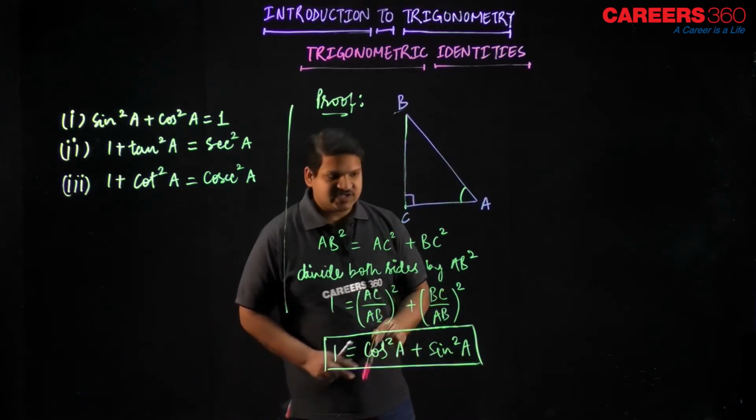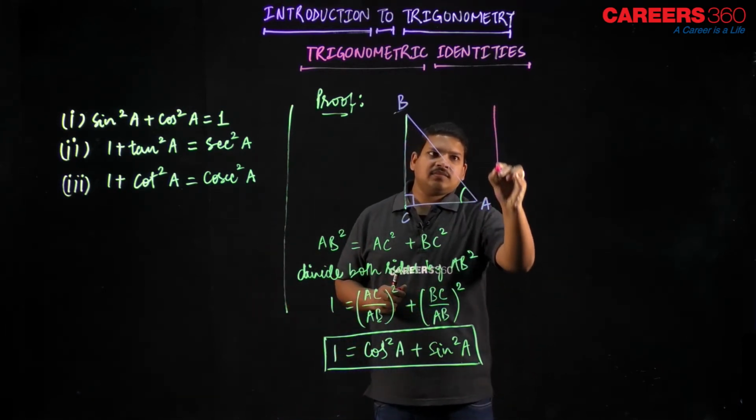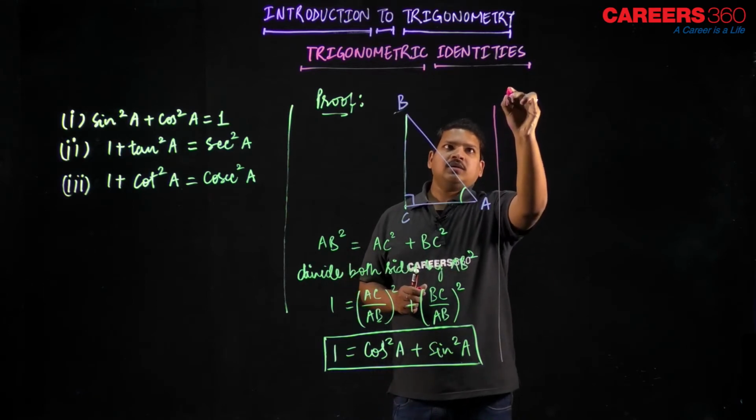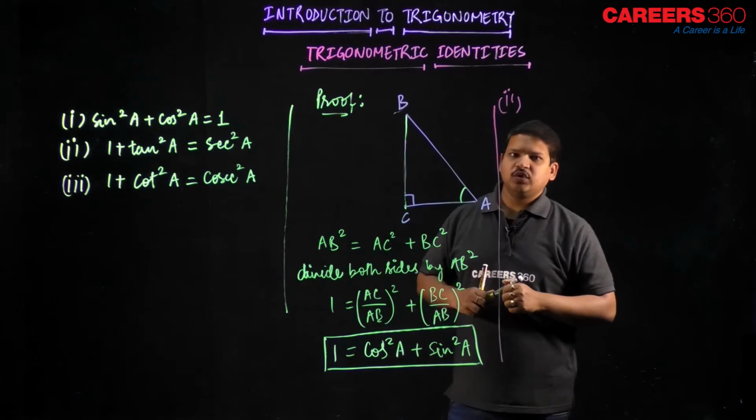Proceeding towards our second identity. Again we have this AB square is equals to AC square plus BC square.